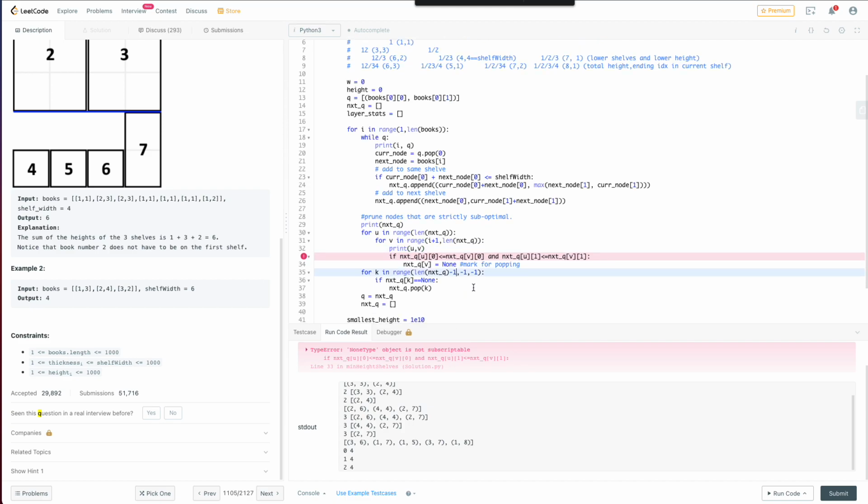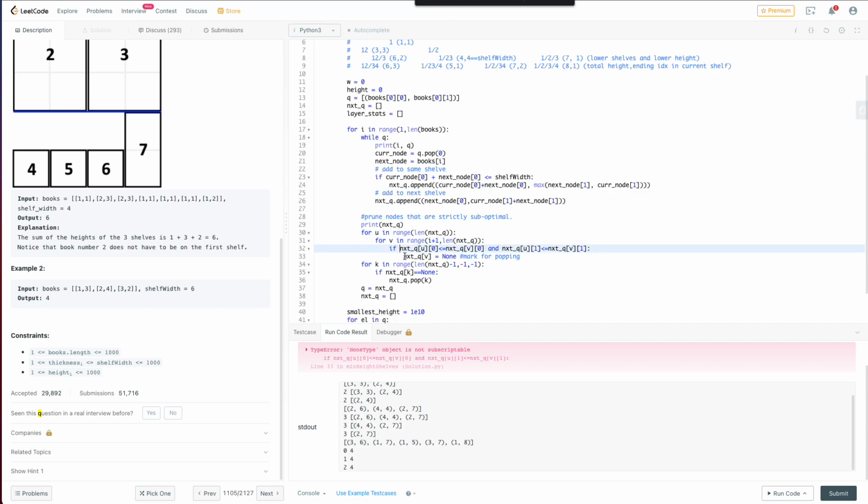Oh, I see. Because when I overwrite, okay, I see.